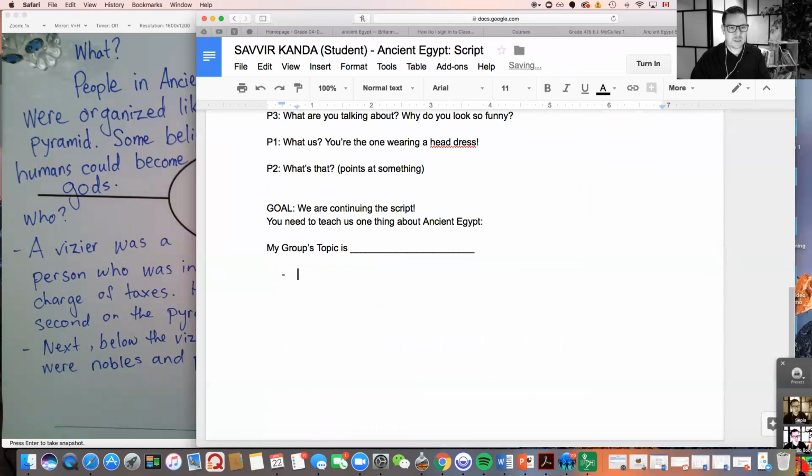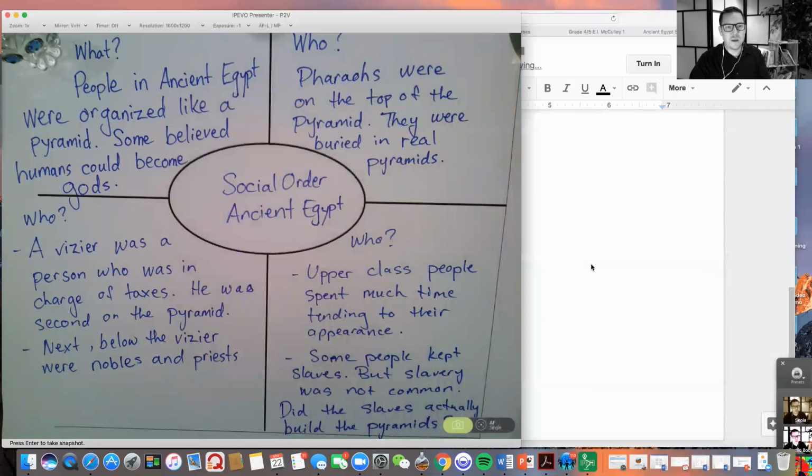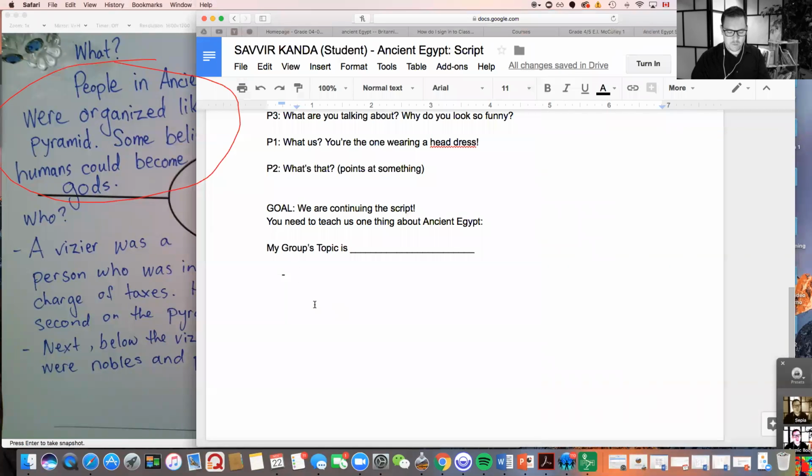All you need to do is type the points from your Foursquare. So I'm gonna go with this one first, right here. People in ancient Egypt. So I'm gonna go like that. Okay, back to here. So I'm looking at my Foursquare.